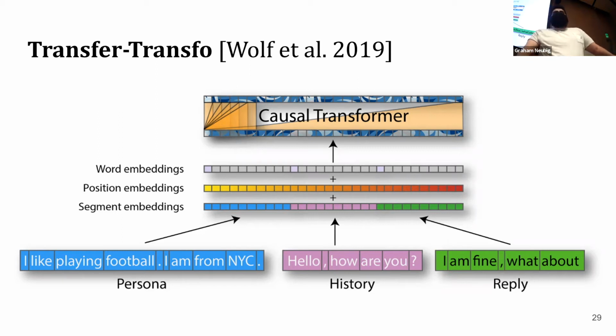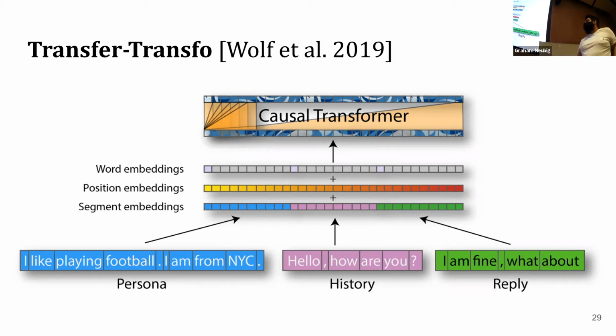And there was this one team that on the automatic metrics leaderboard was way ahead of everybody else. And that team was Hugging Face, before even BERT was a thing. Their whole company was working on dialogue systems. And they were way ahead of everybody else on automatic metrics with this model.